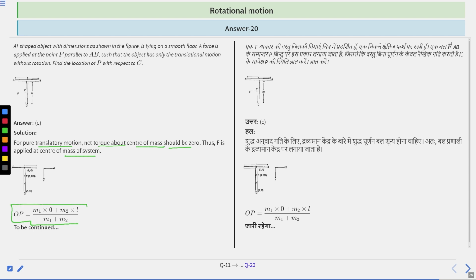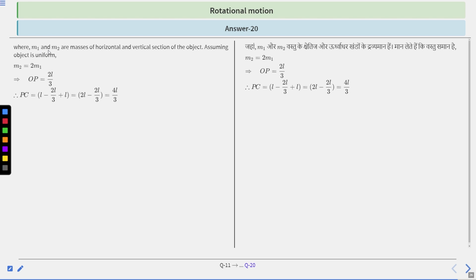Clear? And this is the points through the coordinate axis. Where M1 and M2 are the masses of the horizontal and vertical sections of the object, assuming the object is uniform, in that case M2 is equal to 2M1, which gives OP equal to 2L divided by 3.